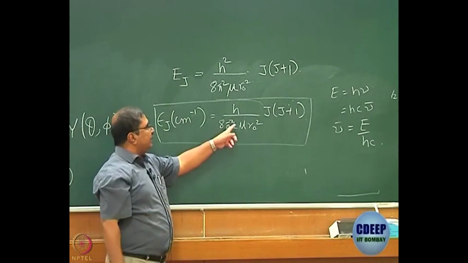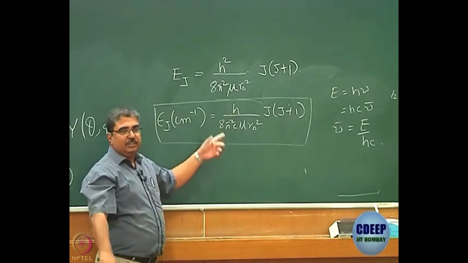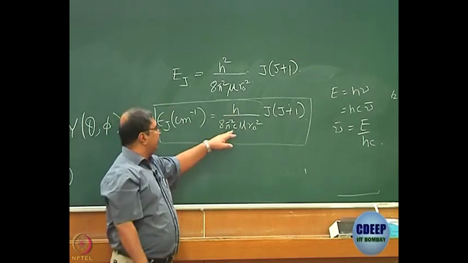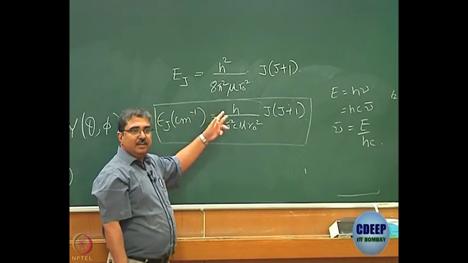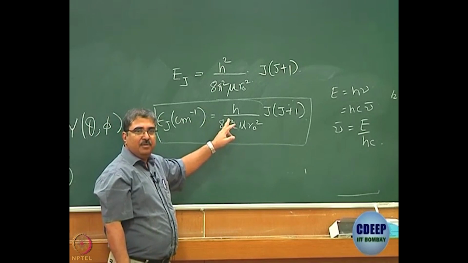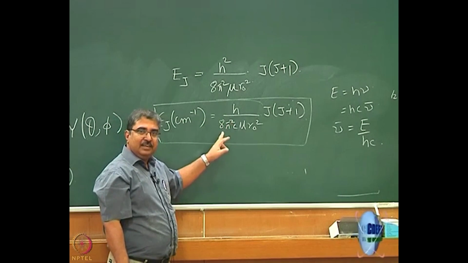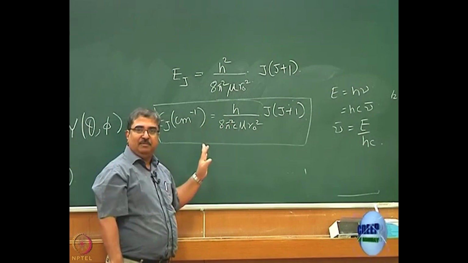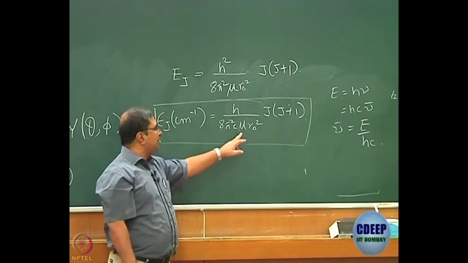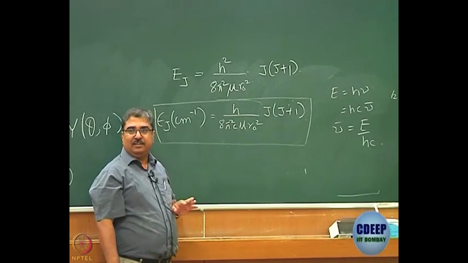Now, if you look at this, h is a constant, 8 of course is a number, pi is a constant, c is a constant, mu is a constant for a particular molecule, it is not a universal constant. Same is true for r0 square, right.